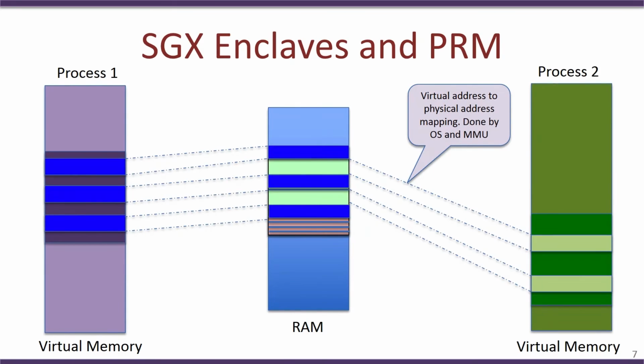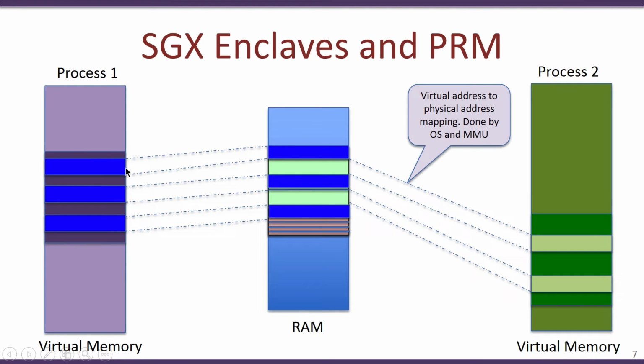So, if we go back to this slide, we see that there is now a conversion from the virtual address space for the enclave to the corresponding physical address space in the PRM. Now, as we will see later, there are actually two translations that are involved. One is by the standard memory management unit and the page directory and page tables which are maintained by the operating system.